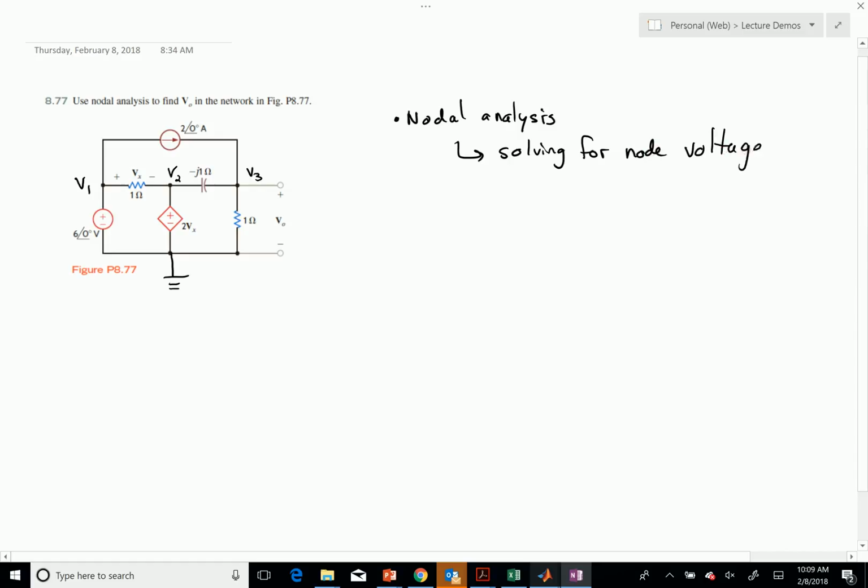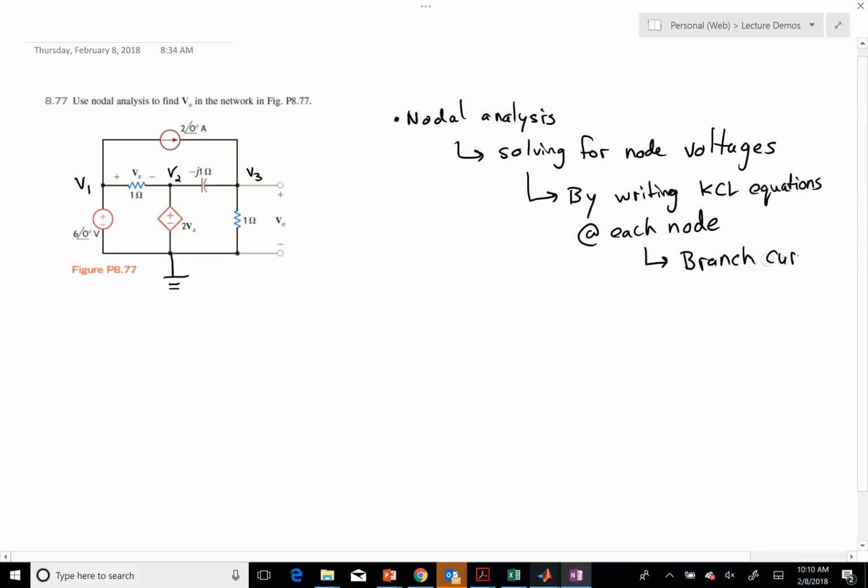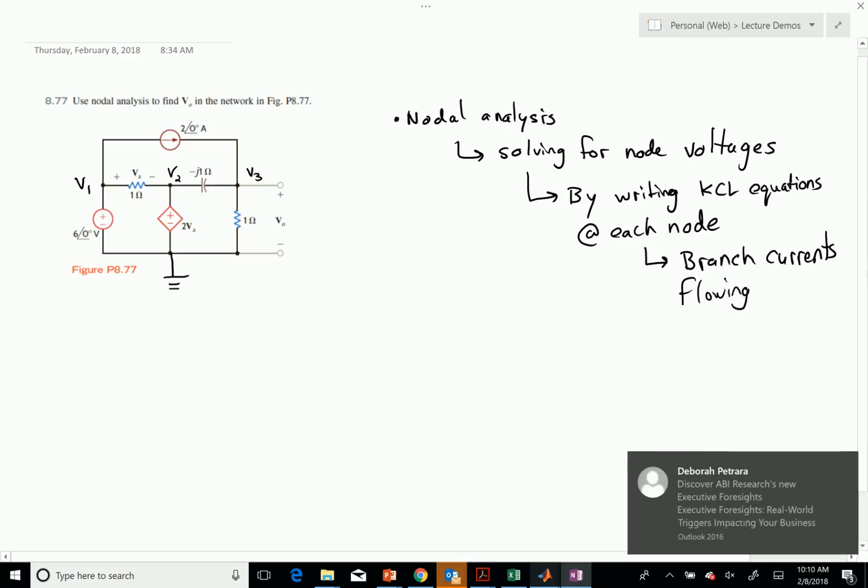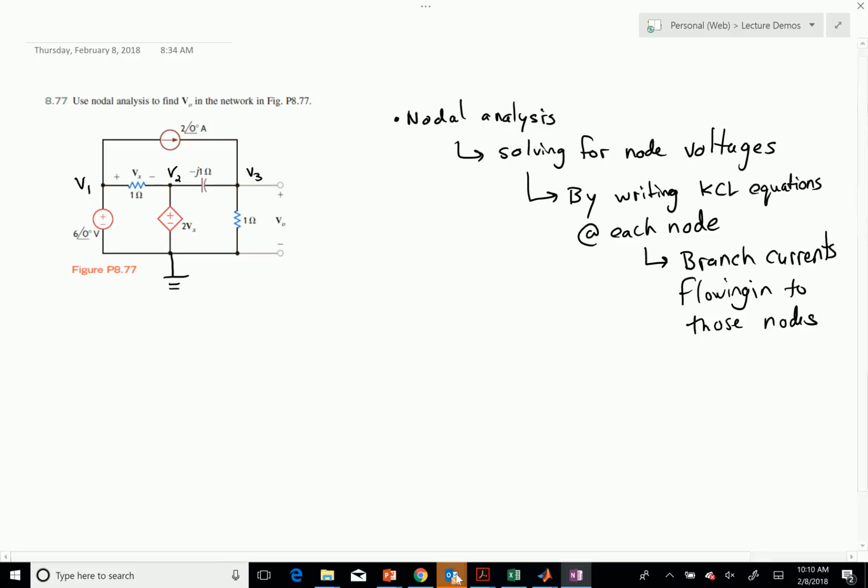Ultimately we're solving for node voltages, but we do that by writing KCL equations at each node. And those KCL equations contain the branch currents flowing into those nodes.